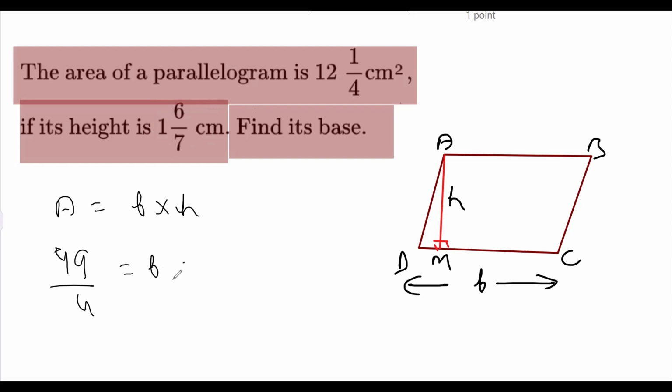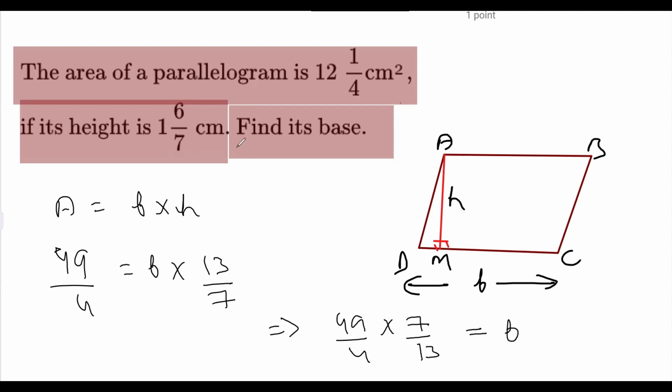So let's represent base as B only. So this is how much? 7 into 1 is 7 plus 6, that is 13 over 7. Right. So we got this. Now what we have to do is to find out the base. So what we are going to do is to transpose this number to the left hand side. So it is 49 over 4, that multiplied by 7 over 13 should give you the base.